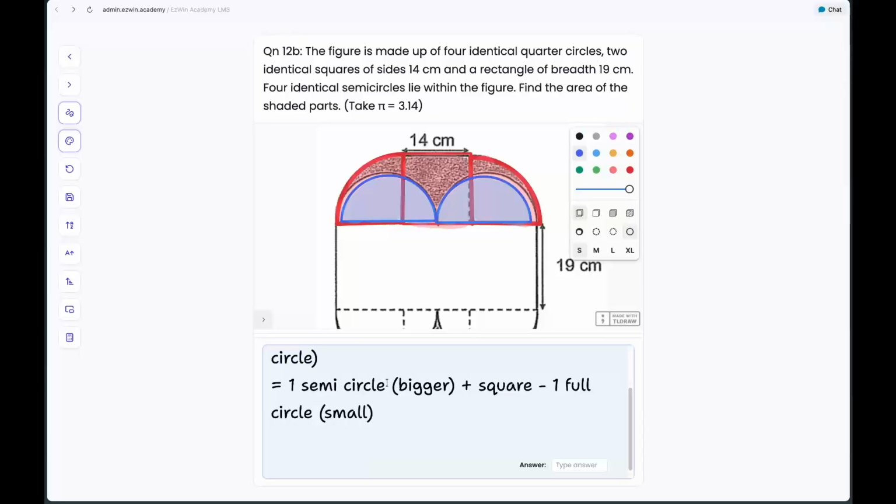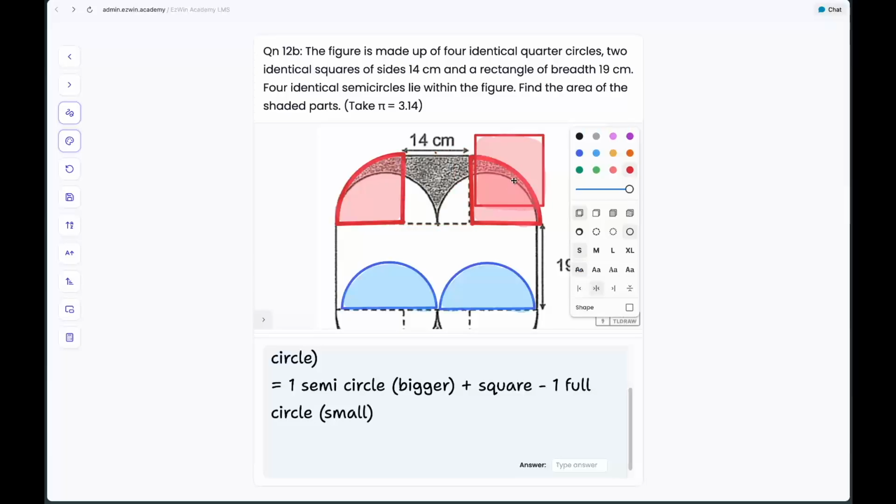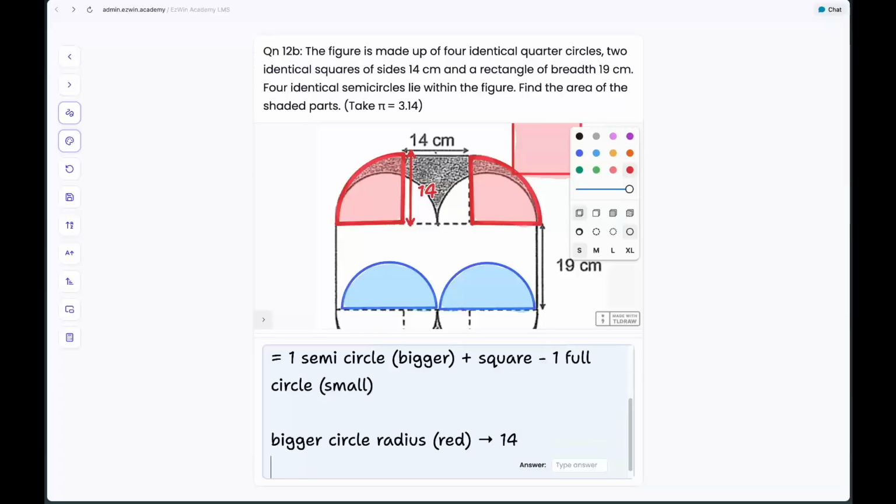So for the bigger circle radius, if you figure it out, it is 14 centimeters. So if you put here as 14, then this will also be 14. So the bigger circle radius, which is in red, is 14. How about the smaller circle radius?